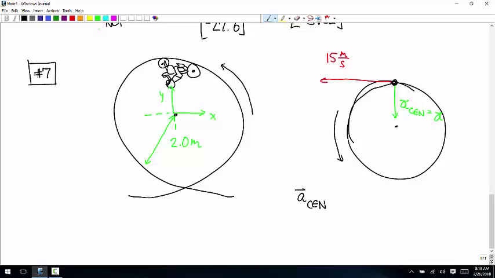And there's two ways to calculate the centripetal acceleration. This is omega squared r, or you can also calculate it as the speed squared divided by r. So 15 squared divided by 2 is 112.5.